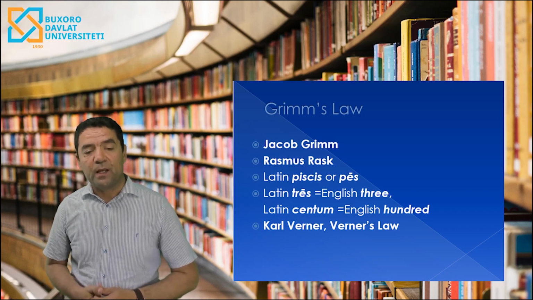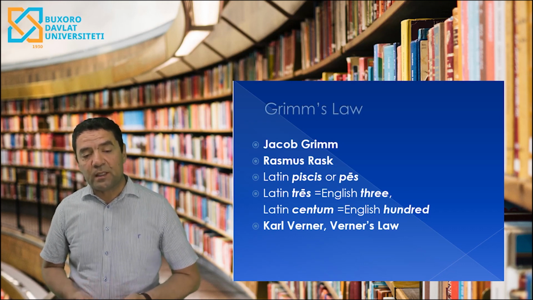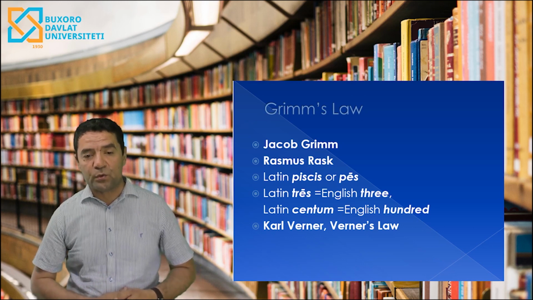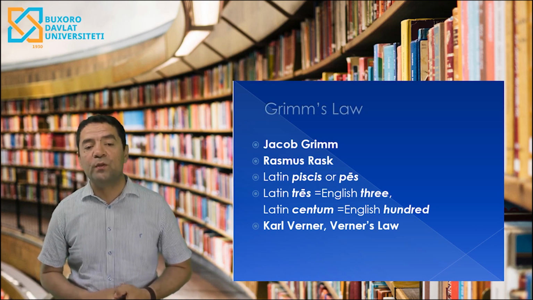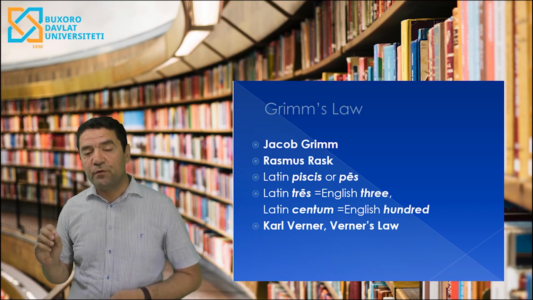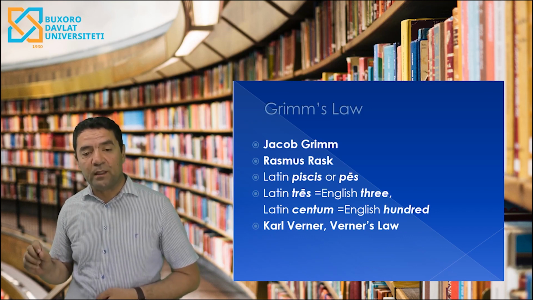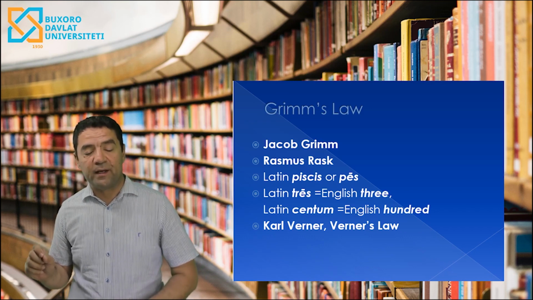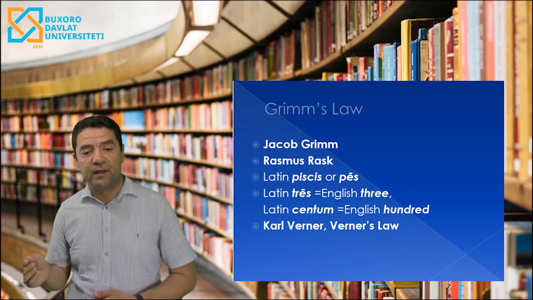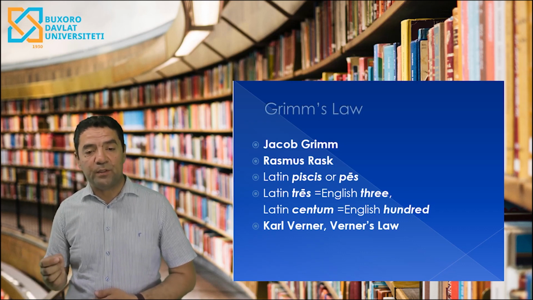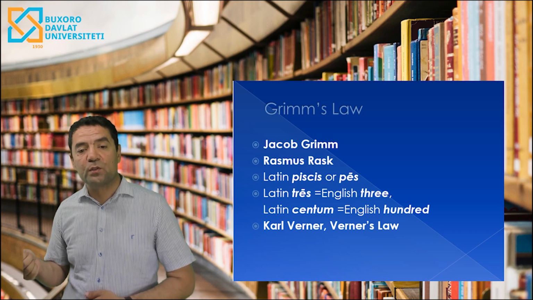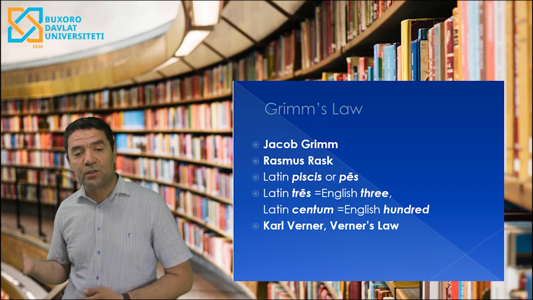Indo-European languages. So, Jacob Grimm's examples: Latin piscus or pes corresponds to the words found in Germanic languages which start with fe. The correspondence pe and fe is given here. Latin piscus or pes corresponds in English to fish.